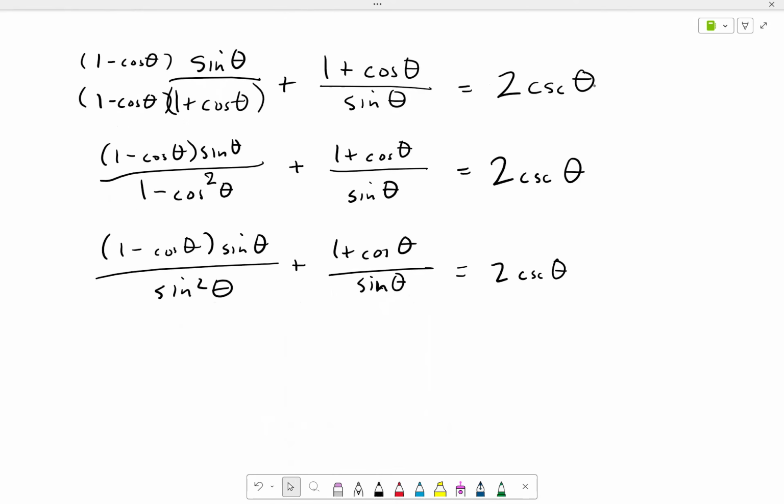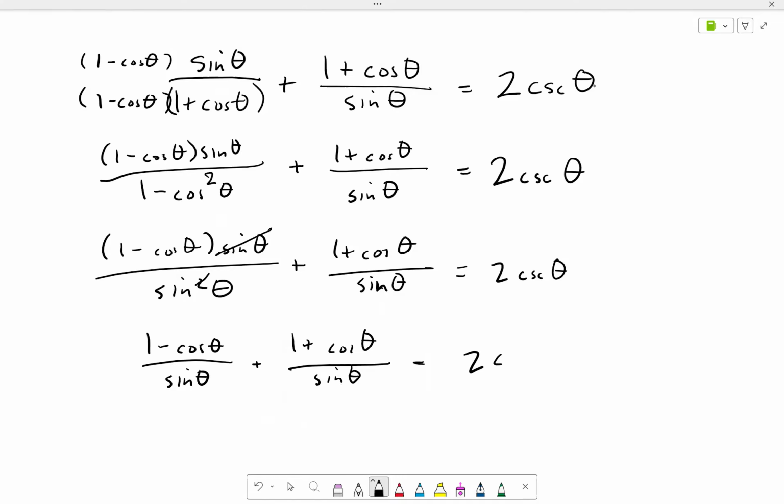I don't need to because the first fraction cancels one of the squares. Got it. So I'm left with 1 minus cosine theta over sine theta plus 1 plus cosine theta over sine theta. And that apparently equals cosecant theta.